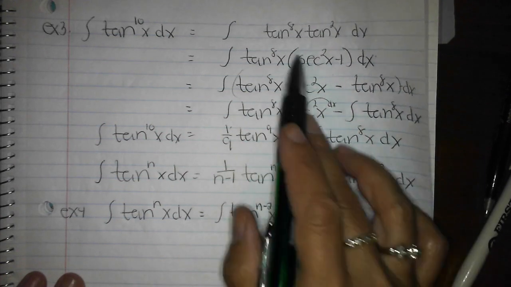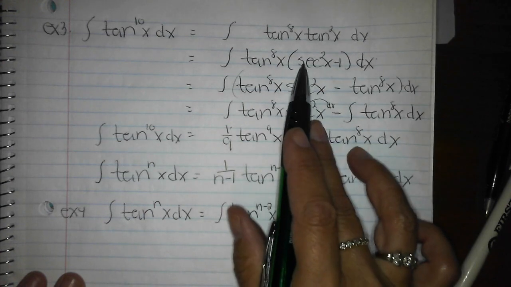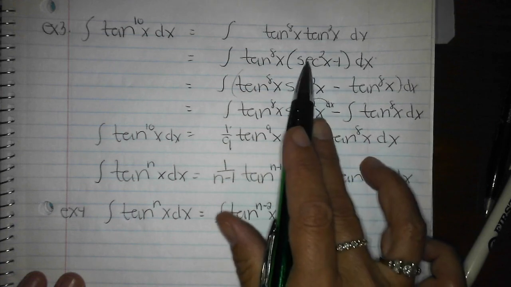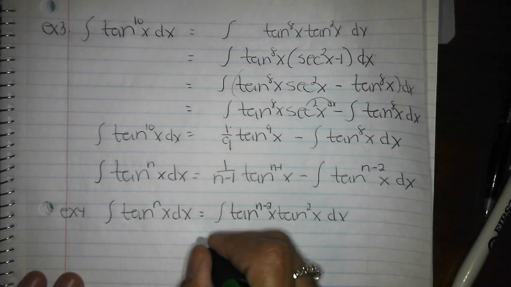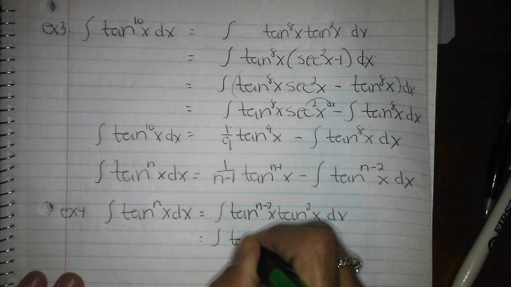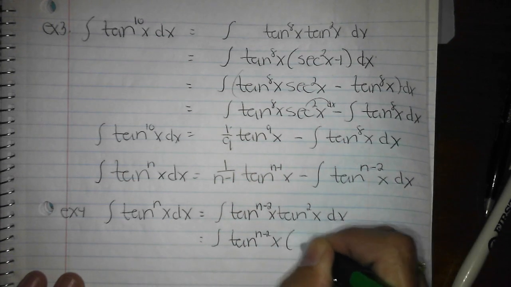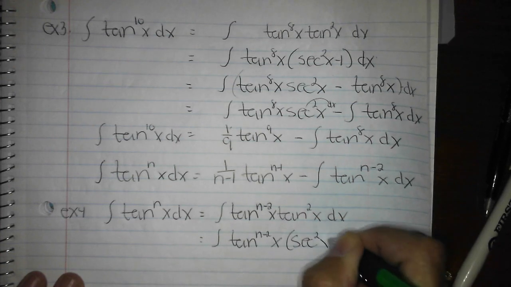All right, so that was our first line. Second line is to use the Pythagorean identity to get rid of the tan squared. So this is going to be identical. I have a tan squared. Now I've got secant squared x minus 1.